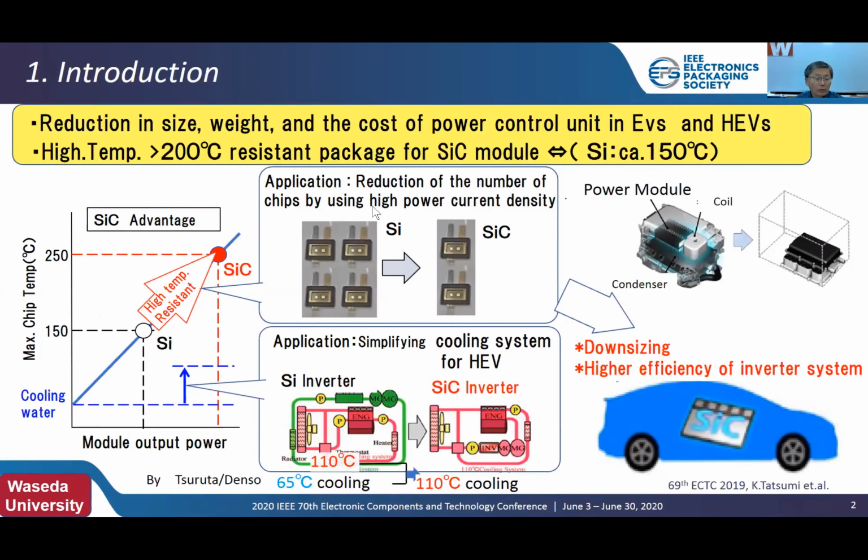In order to improve the performance of inverters, the development of new power modules that can increase the output density using technologies such as silicon carbide devices has been progressing. In addition, since these wide bandgap semiconductors can be operated at high temperatures, demand for higher heat resistance of device packaging has been increasing.